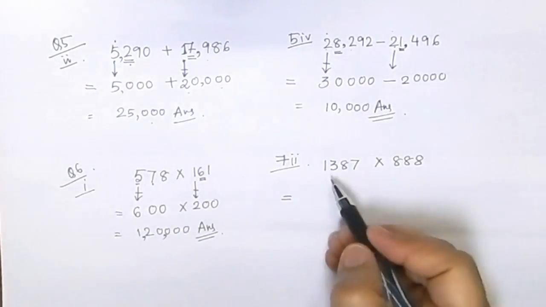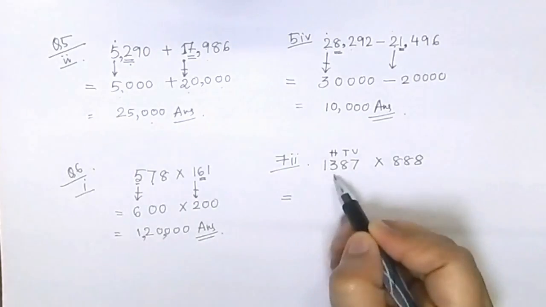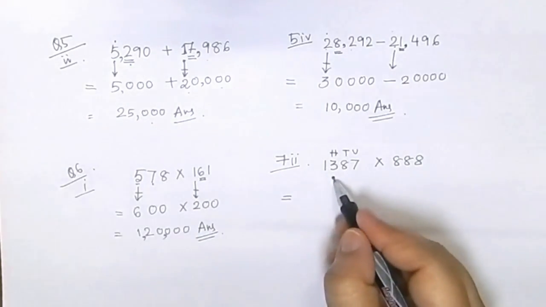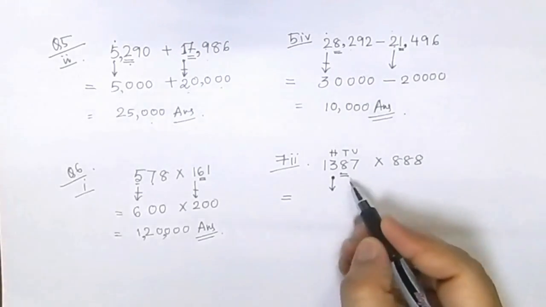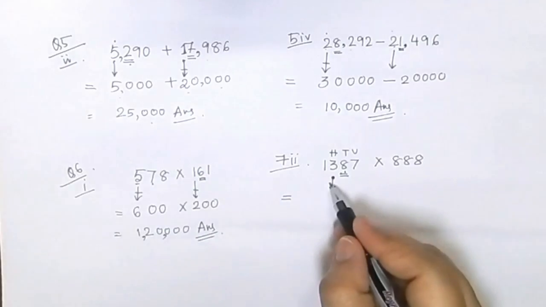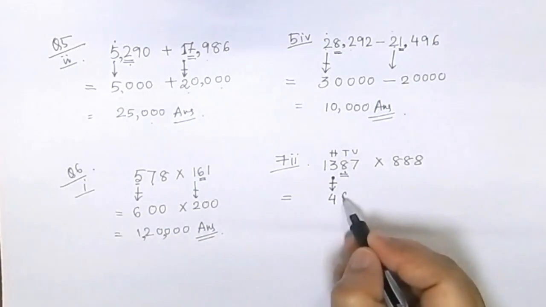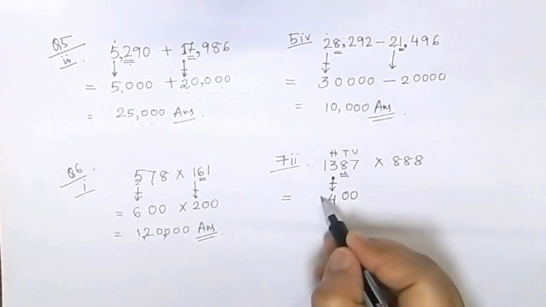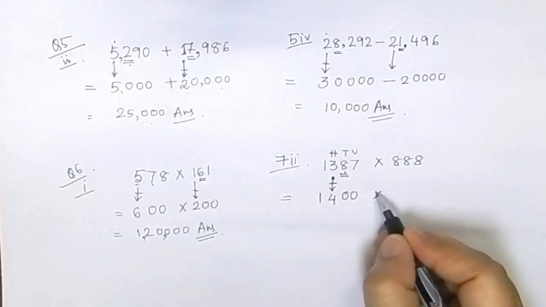So in both the numbers you have to estimate to the nearest 100. So you have to estimate at this position. Let us check the digit on the right. This is 8, which is more than 5. So this digit will increase by 1, so this will become 4. Right hand side digits will become 0 and the left hand side digit will remain the same.